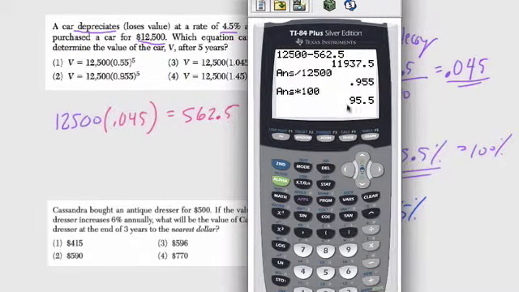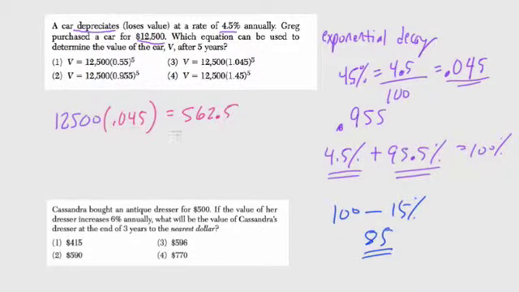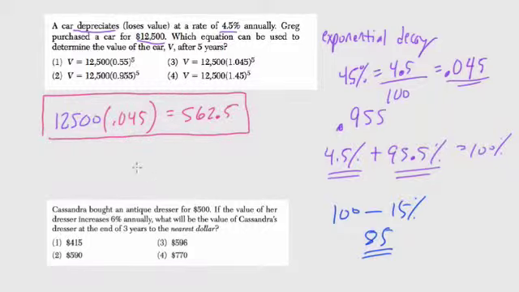What I'm doing here is, again, I first figured out how much I lost. Then I figured out, well, this new amount that I have, what percent is that of the original? And I just did that by dividing this new value by what I started with. That's just another way to connect it. So again, first you multiply by 0.045. That tells you how much you lost in 1 year.